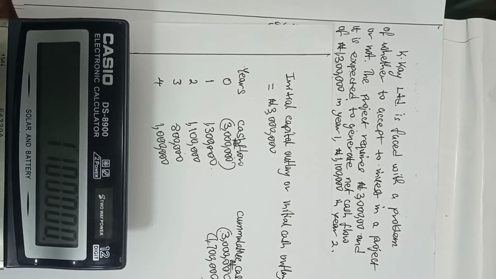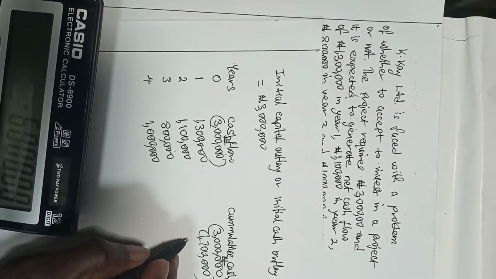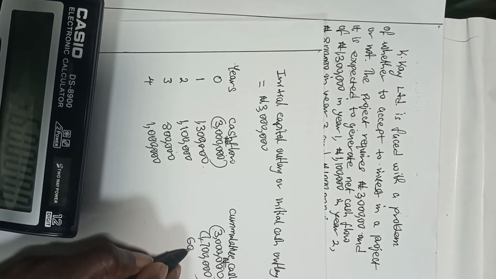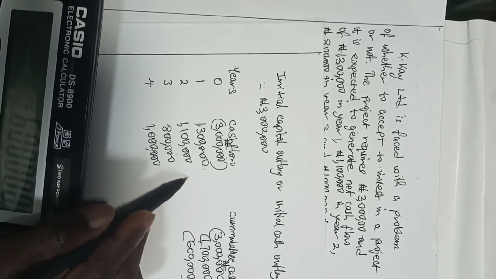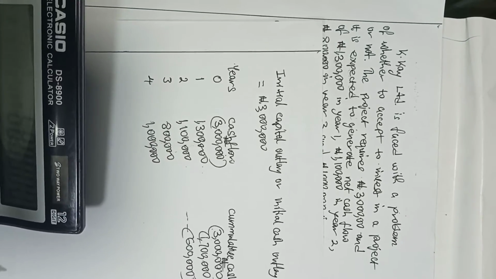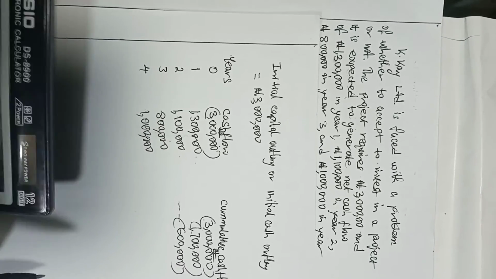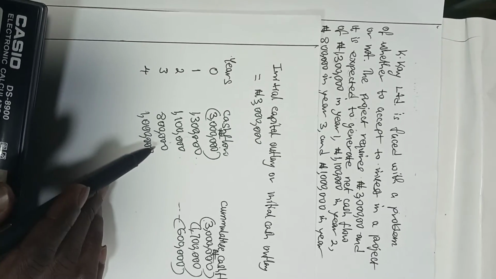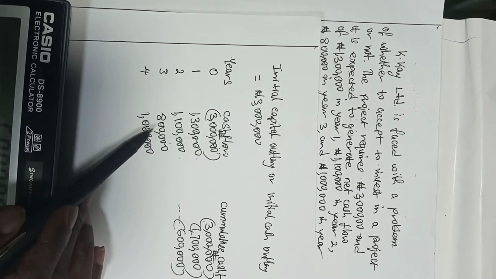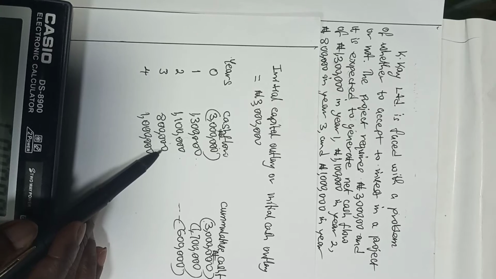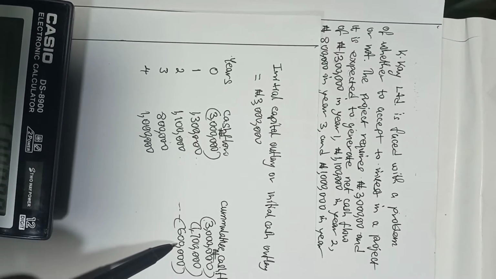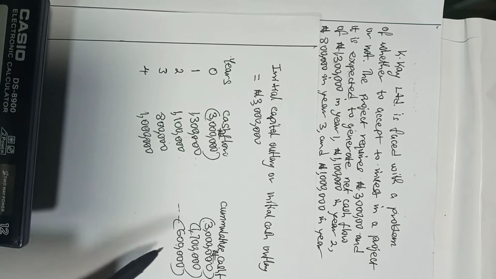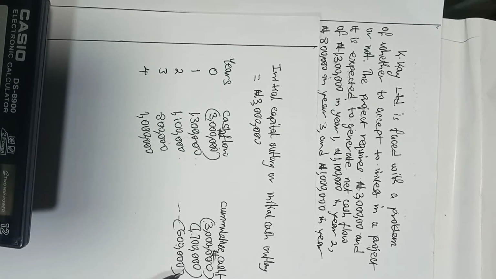1,100,000 is equal to 600 minus 600,000. We bracket it again. Minus 600,000. So the next one, we can see that this 800,000 is extremely larger than this 600,000.